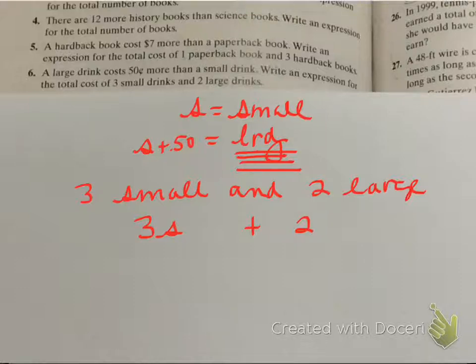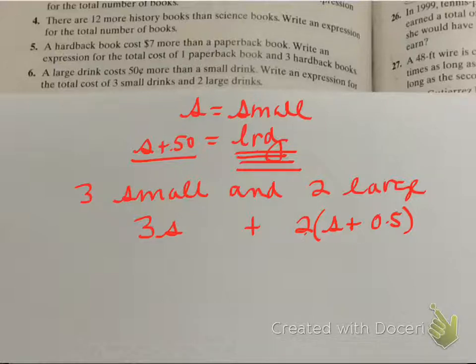Nicole, how do we say that? No, 2 times the quantity of S plus 0.5 or 50 cents. So do you understand? It's 2 times the large.